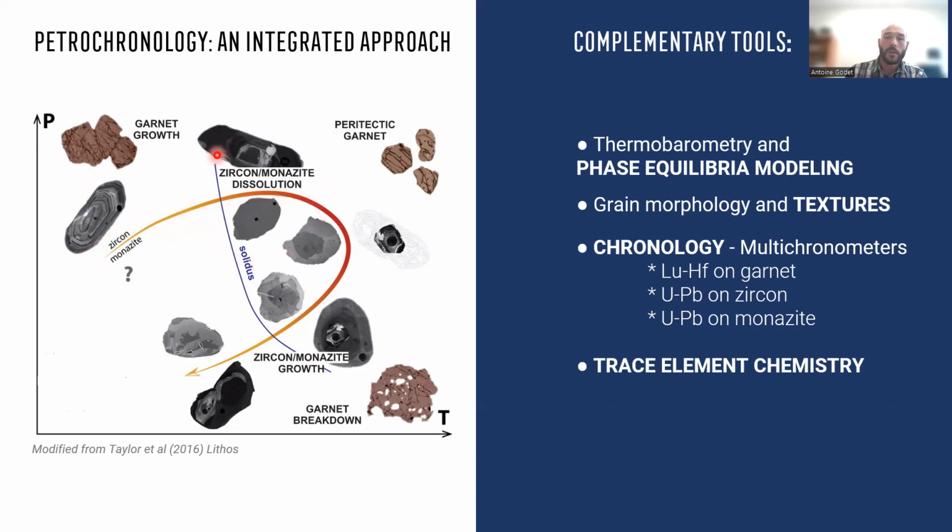Zircon and monazite are expected to dissolve when crossing the solidus. It's not always the case. And they regrow again as the system cools and exhumes. So this is why it's important to involve different chronometers. And we couple that also to the trace element chemistry of these chronometers. So this is a full petrochronological approach that we use systematically along that west-east transect across the Southeastern Churchill province.